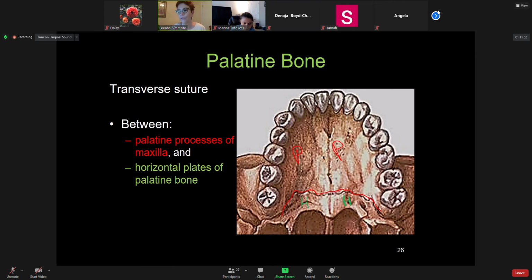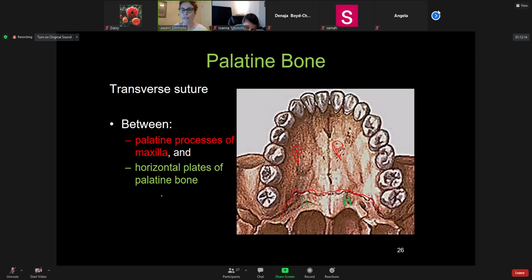So the transverse suture transverses the palate from side to side, like a transverse ridge that goes across the occlusal surface from one cusp to another. This is the transverse suture that goes across from the left to the right side of the posterior hard palate.